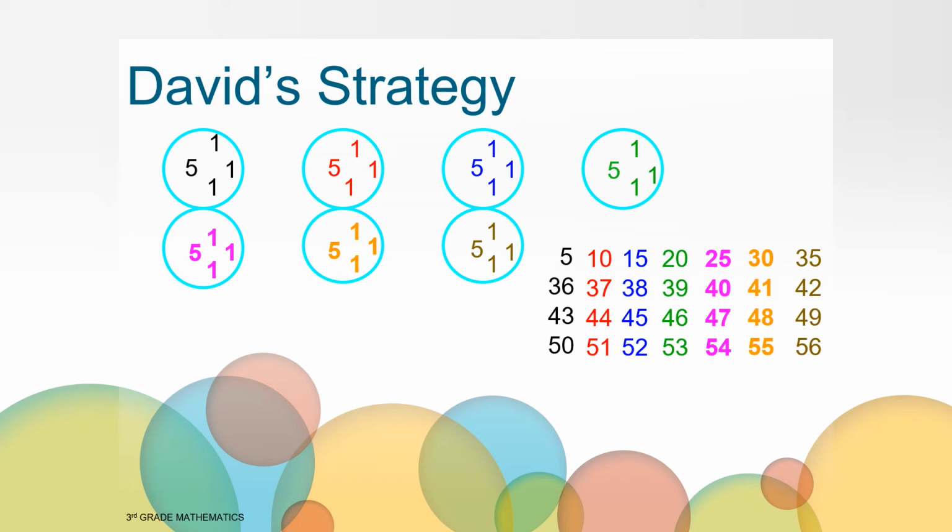Then he counts how many flowers he put into each vase. 5, 6, 7, 8. The teacher can put 8 flowers in each vase.